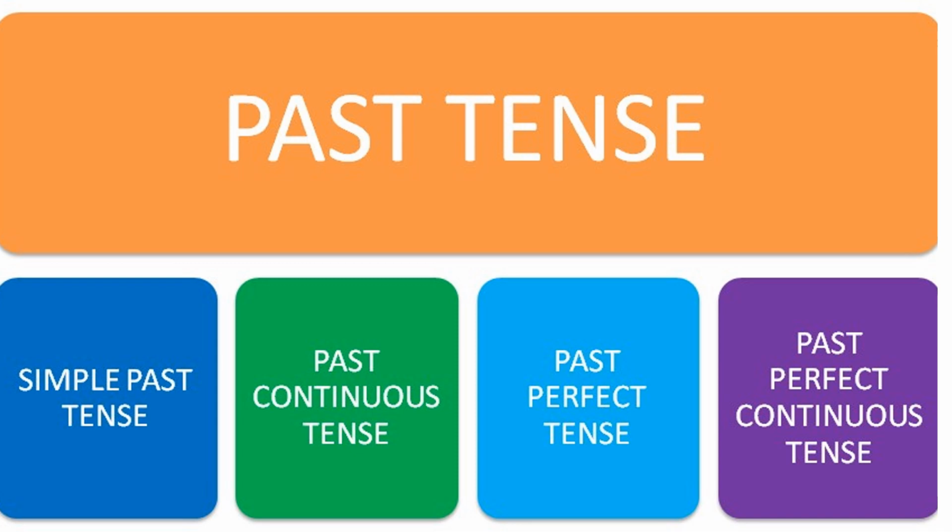Now, like how we learned the 4 forms of present tense, even past tense has the same 4 forms, which is simple past tense, past continuous tense, past perfect tense, past perfect continuous tense. So let's see the definition of each of these with lots of examples. So let's look at the first one, which is simple past tense.